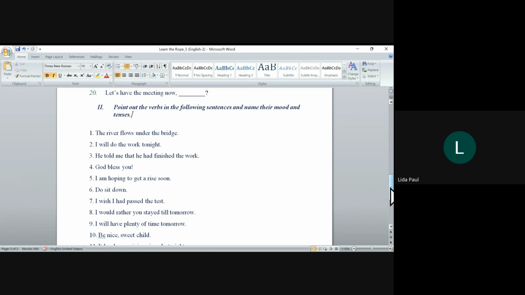So, for example, sentences like, if I were rich, I would have bought a huge bungalow for myself. Now, what is the mood here? This is a subjunctive mood because you're talking about a hypothetical, unreal, imaginary situation. So that is the mood being used here.